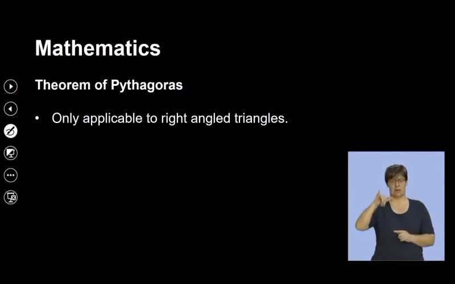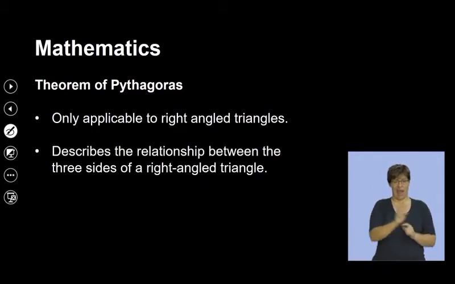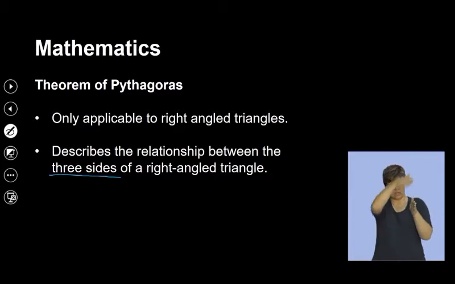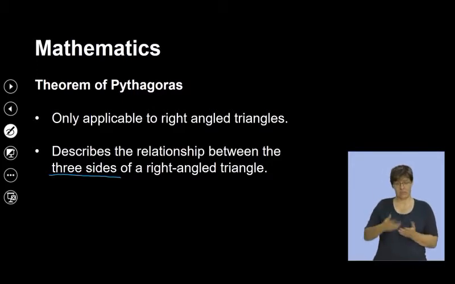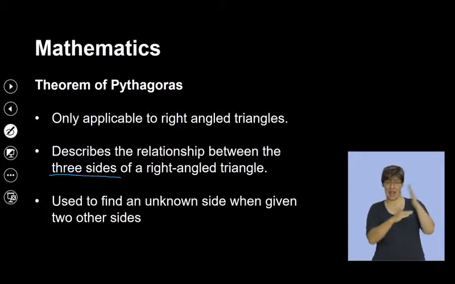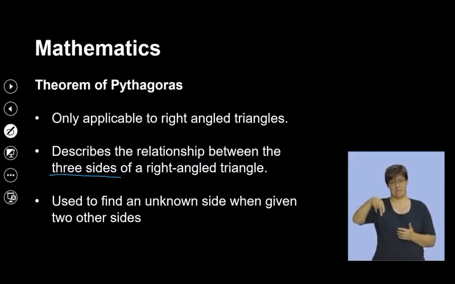Remember that this is only applicable to right-angled triangles, not any other triangle. It describes the relationship between the three sides of a right-angled triangle. The longest side is the hypotenuse, and the other two sides are named according to their relation to the angle that is given. We also use it to find an unknown side when given two other sides.